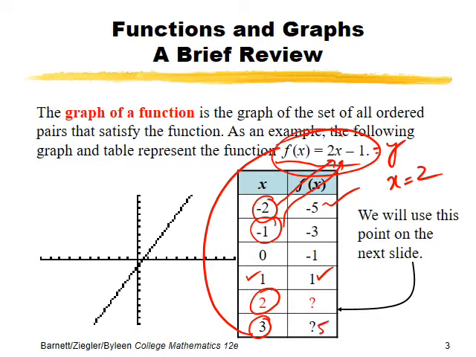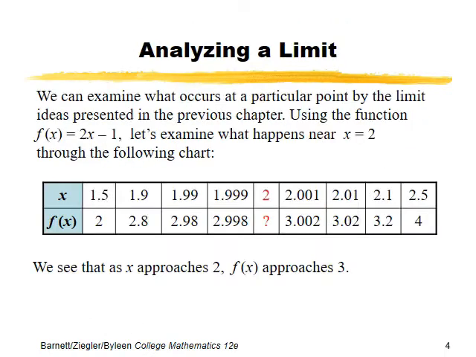So what we do, we will approach towards 2 from the left side and from the right side, and we will try to estimate what the number is. For example, we know that if we substitute 2 here, the number is 3. So let's see how we can estimate this 3.